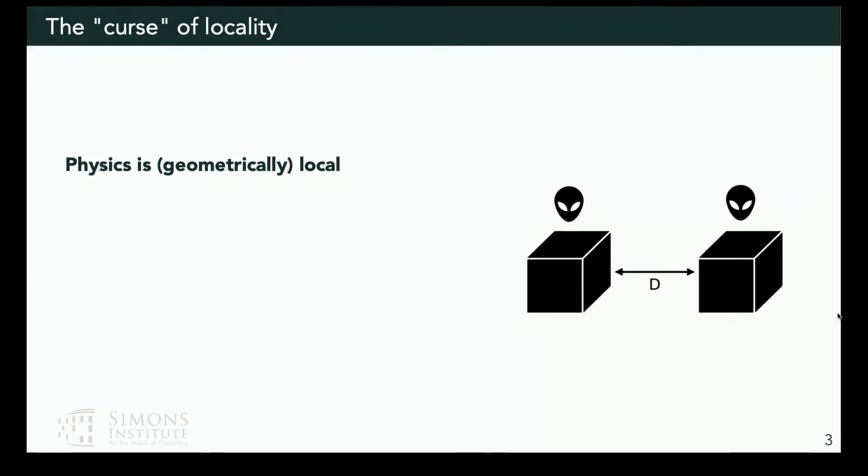Okay, so in some sense, locality is a curse. Physics is geometrically local. If we have 2 experimentalists separated by distance d, as the experiments are separated, there's no way that I know of to have a constant strength interaction between these 2 boxes as we bring the boxes further apart.